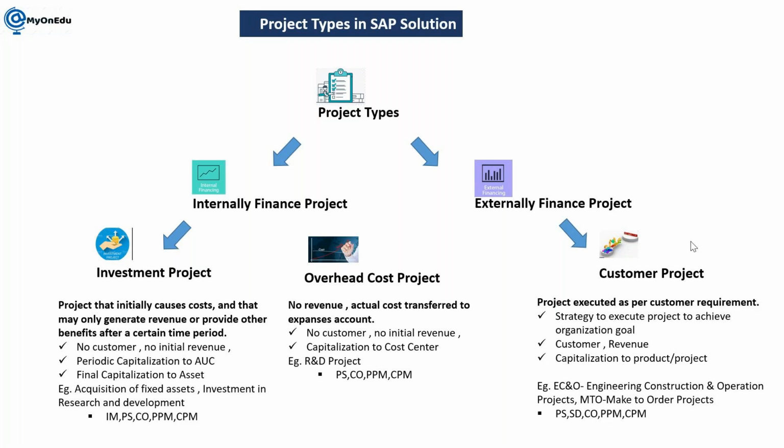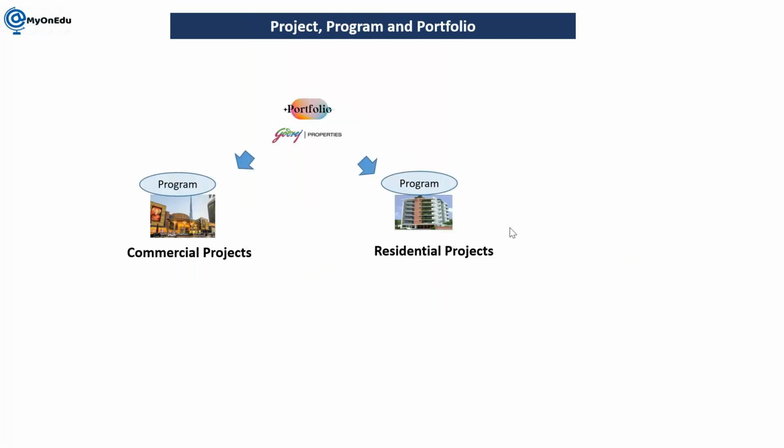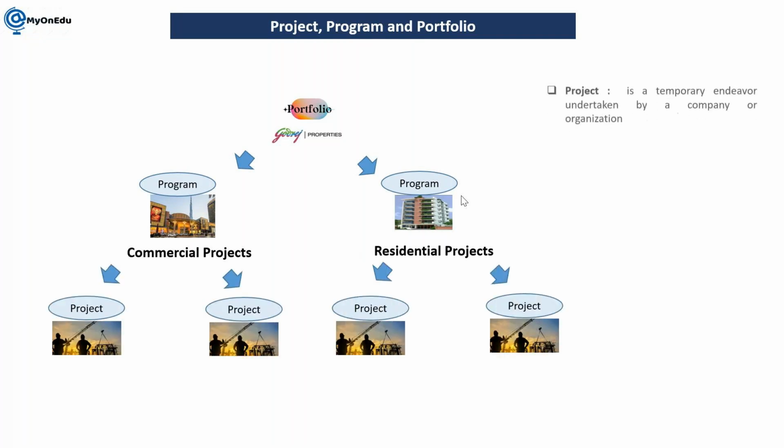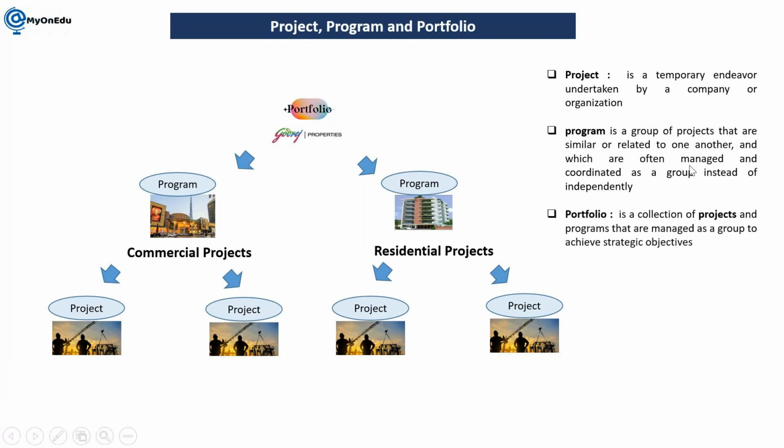We have the project, program, and portfolio concept. This is to understand when you are going to align with the IM solution or PPM solution. You need to understand what is the portfolio, what is the program, and what is the project. Let us understand from the portfolio first.